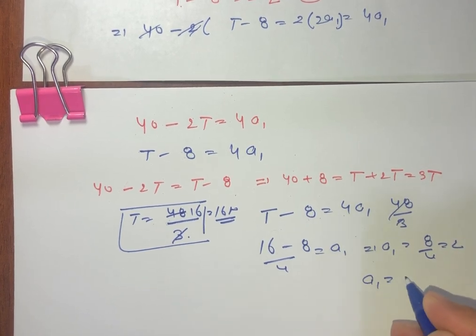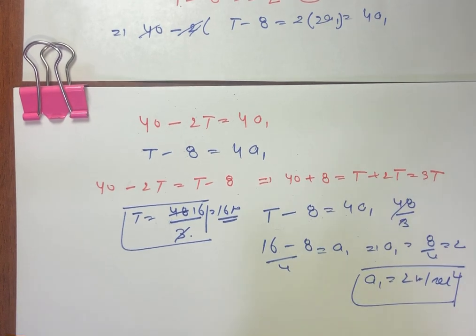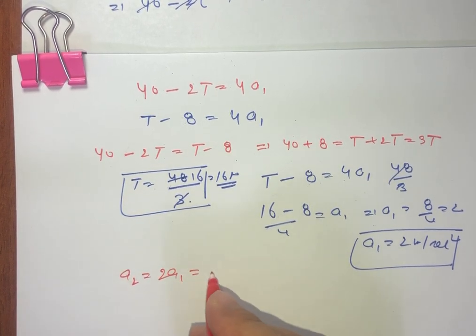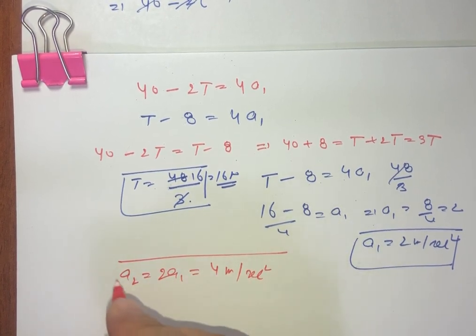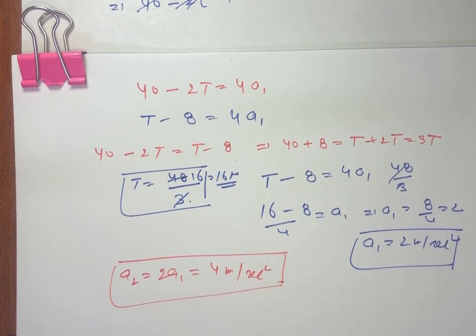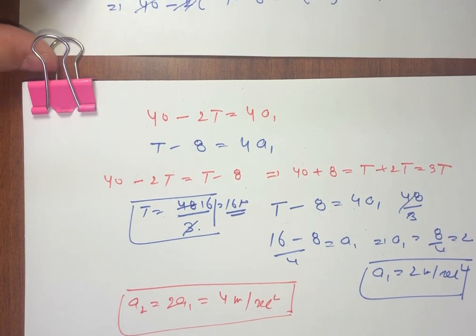So we have a1 is equal to 2 meter per second square. And we can also write now a2. a2 is equal to twice a1, which is equal to 4 meter per second square. So we found out the acceleration and tension for both the blocks.